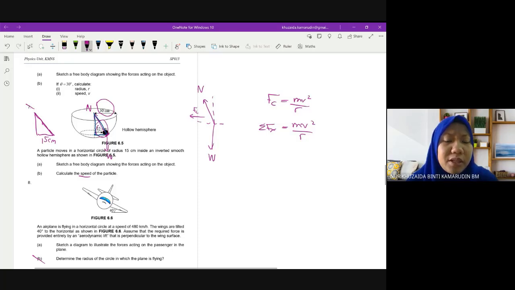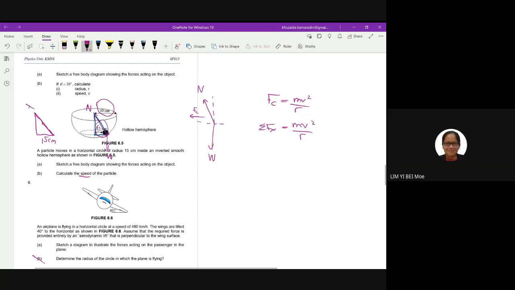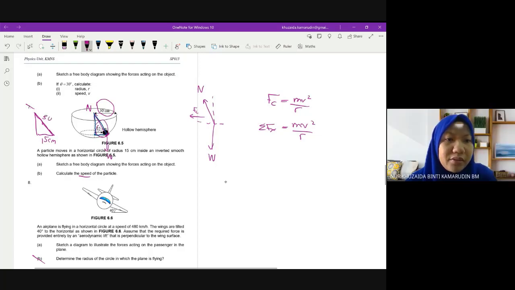So the hypotenuse of the triangle nilai dia berapa? 30 cm, yes, because we know that the radius of the hemisphere is 30 cm. It means daripada mana-mana surface pergi ke center, nilai dia akan sentiasa 30 cm, sebab dia adalah radius.